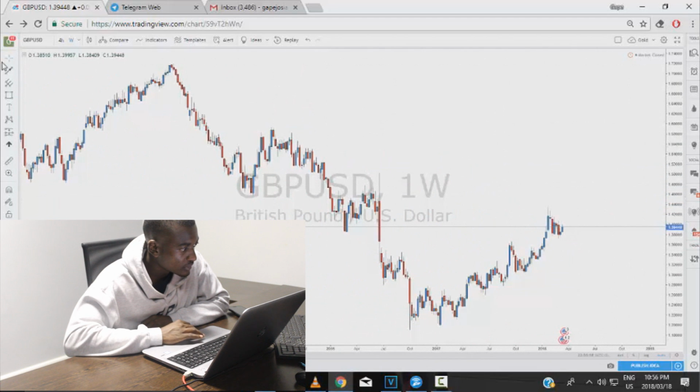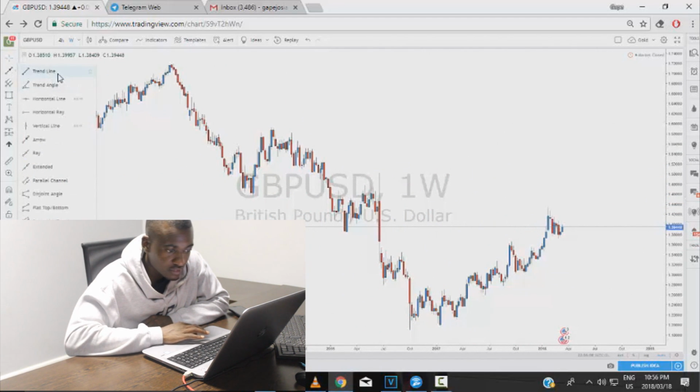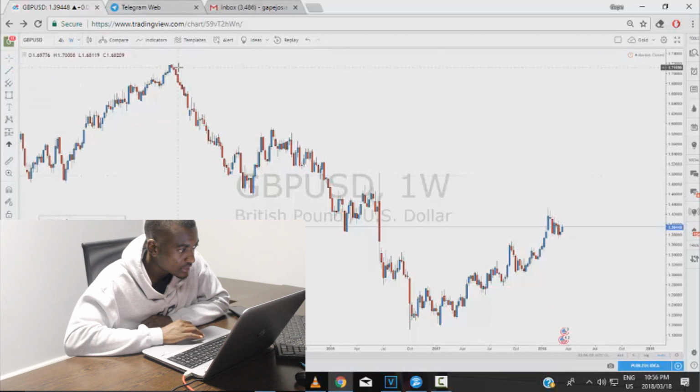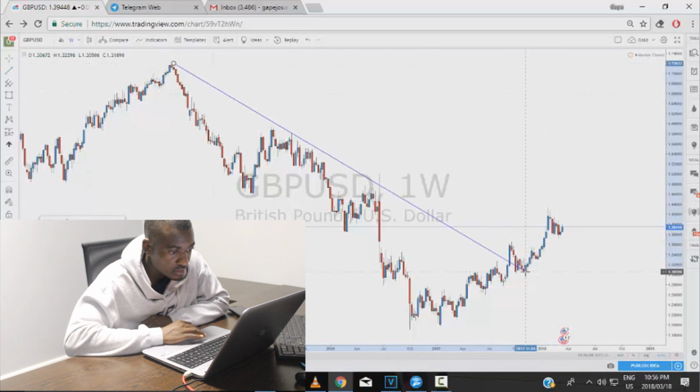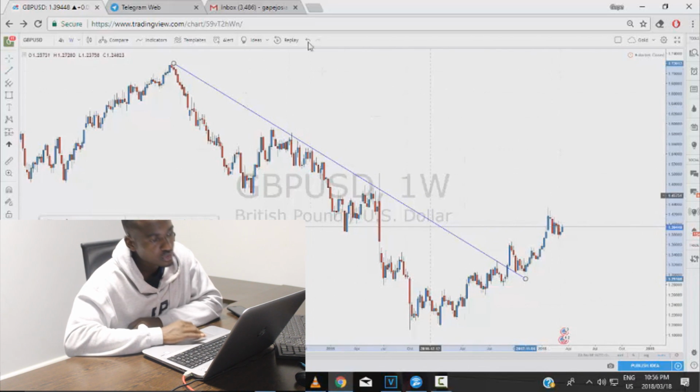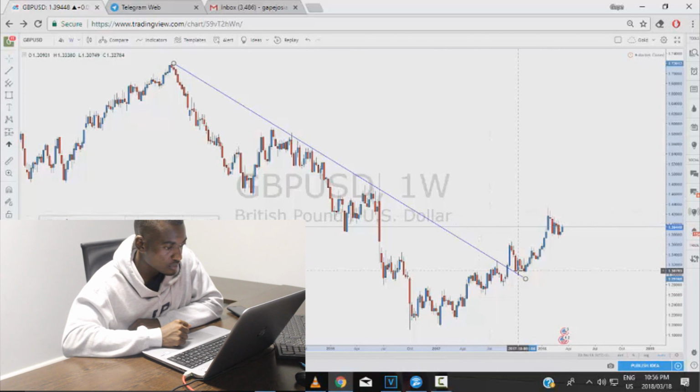So right now we have the weekly time frame that I'm showing right here. On the weekly time frame, we sort of broke out of the trend line that's been holding for some years.